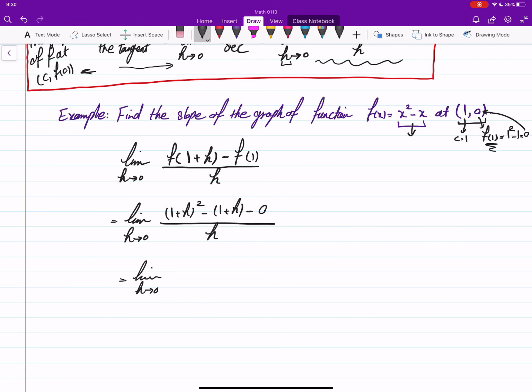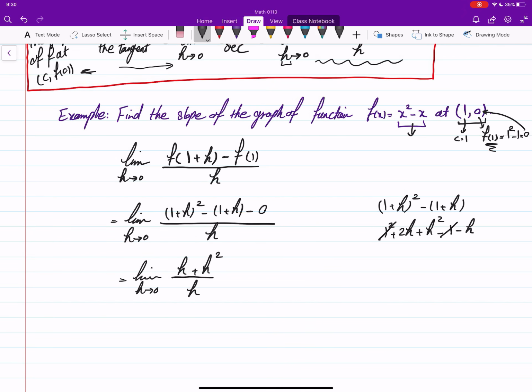Well, what do we have here? (1 plus h) squared minus (1 plus h). This gives us 1 squared plus 2h plus h squared minus 1 minus h. This cancels with that, and 2h minus h is just h, so h plus h squared over h.